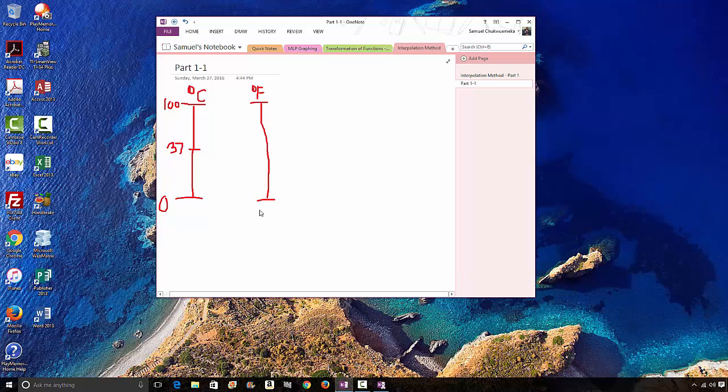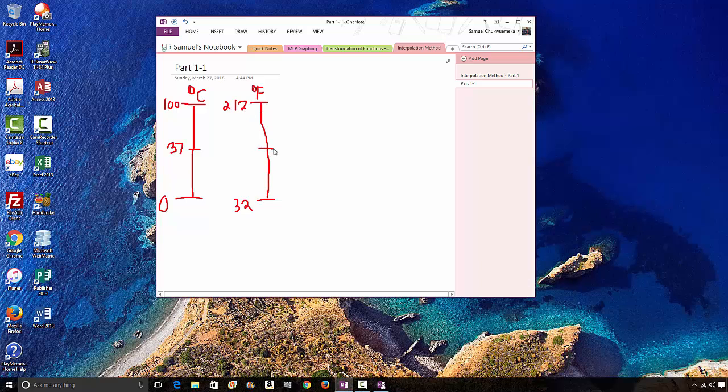And then you come to the Fahrenheit section. And of course, 0 degrees Celsius corresponds to 32 degrees Fahrenheit, and 100 degrees Celsius corresponds to 212 degrees Fahrenheit.